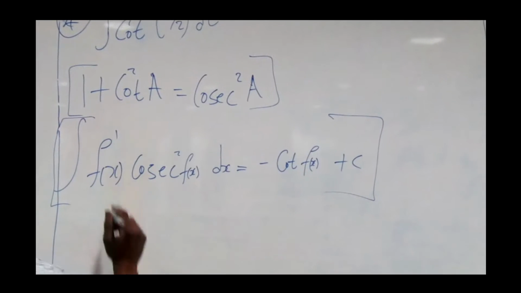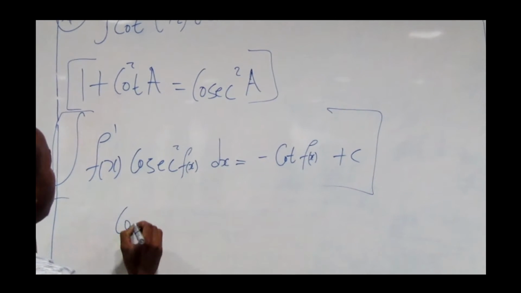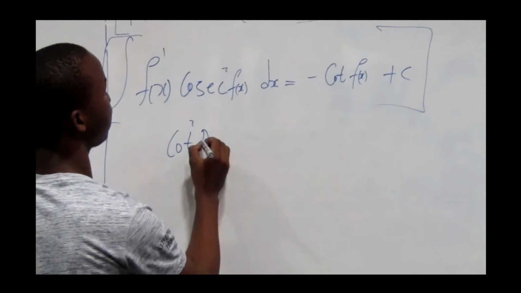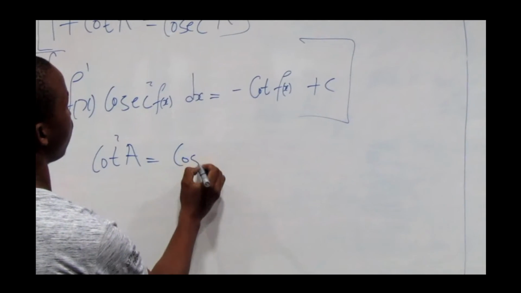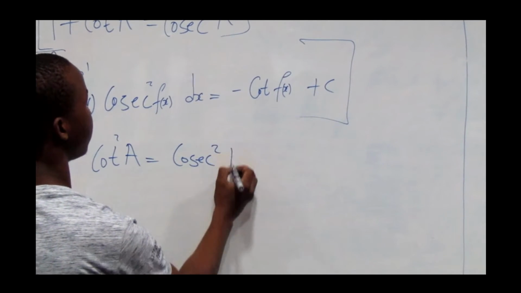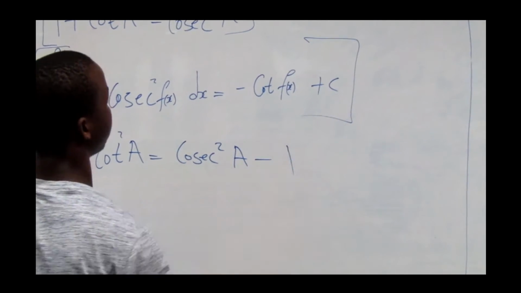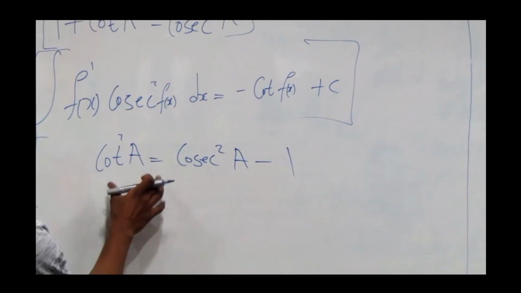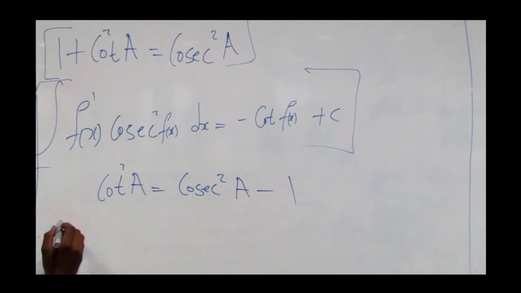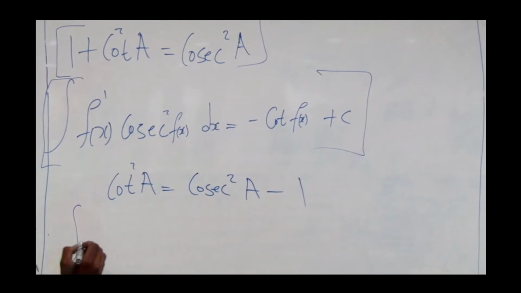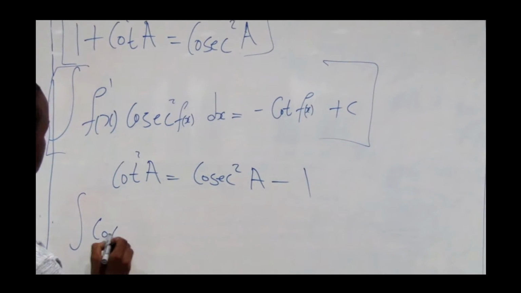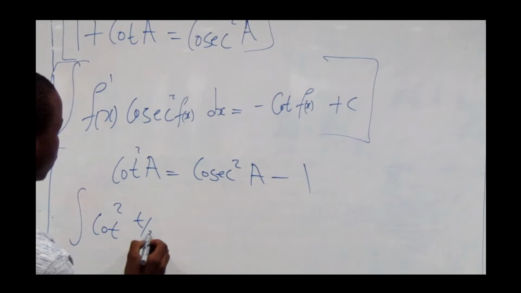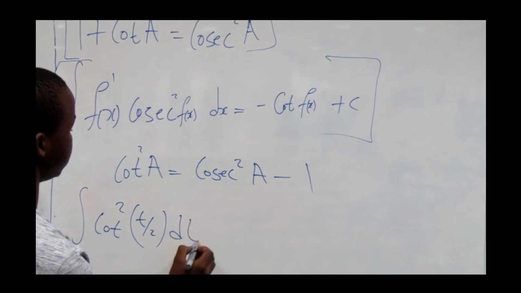We're going to make this the subject of the formula: cot square A equals cosec square A minus 1. Then from there we take this cot square t over 2 dt.